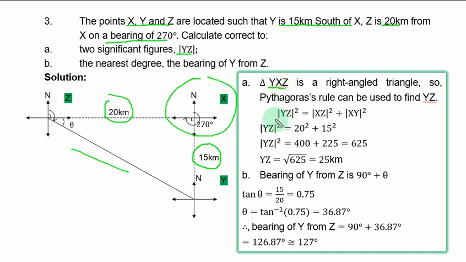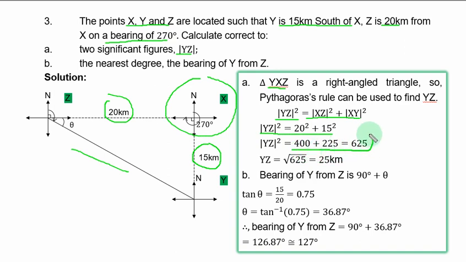So you have YZ squared, the longest side, is equal to the sum of squares on the other sides. That is SZ squared plus SY squared. So YZ squared is equal to 20 squared for SZ plus 15 squared for SY, and that is 400 plus 225.